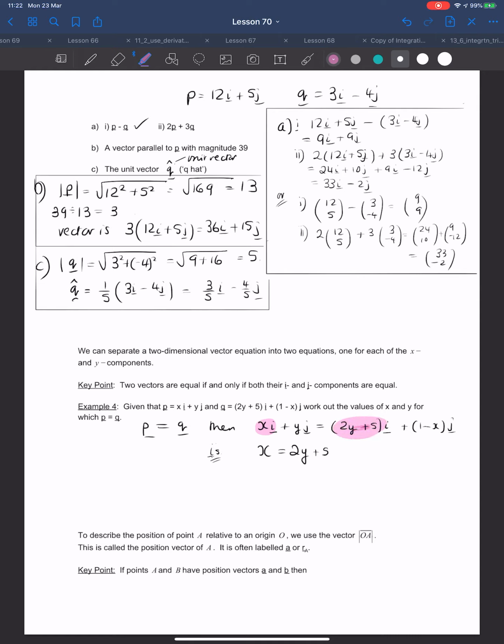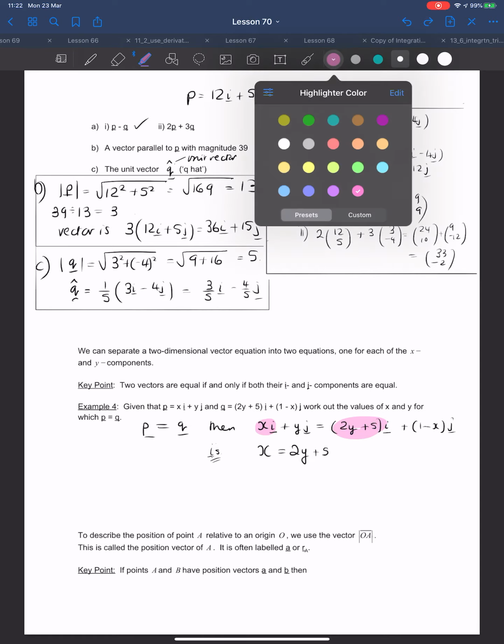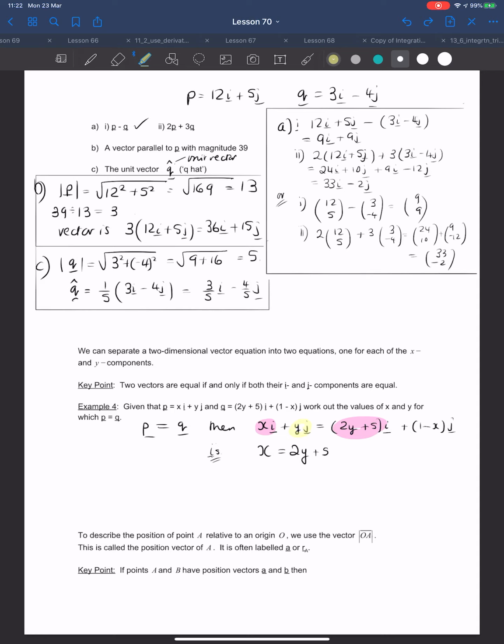We don't need to write i, it's just part of it. And then if we look at the j's, yj is (1 minus x)j. So therefore, y is 1 minus x. So now we've got simultaneous equations. Call that equation 1, that equation 2.